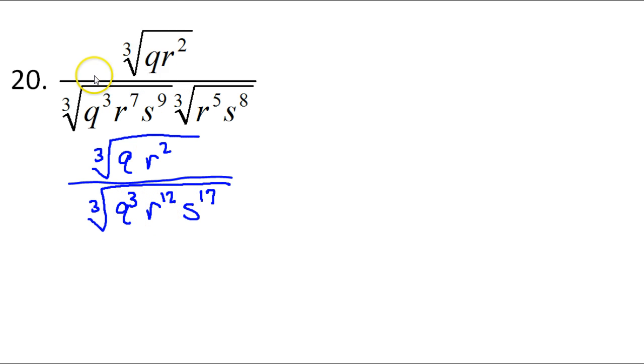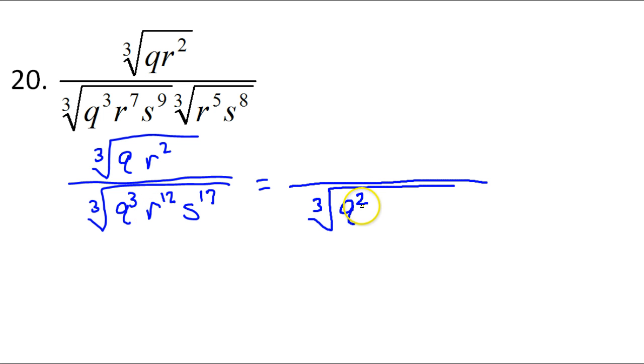So if I have a q in the top and 3 q's in the bottom, I'm going to do some canceling, and this is going to be, let's see if I can fit this. So cube root. Alright, so I'm going to have q squared down here. I'm going to have q squared.